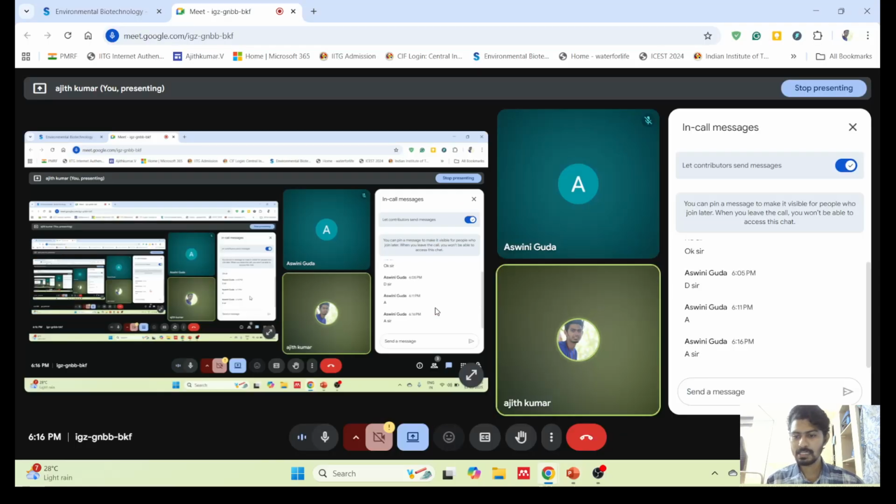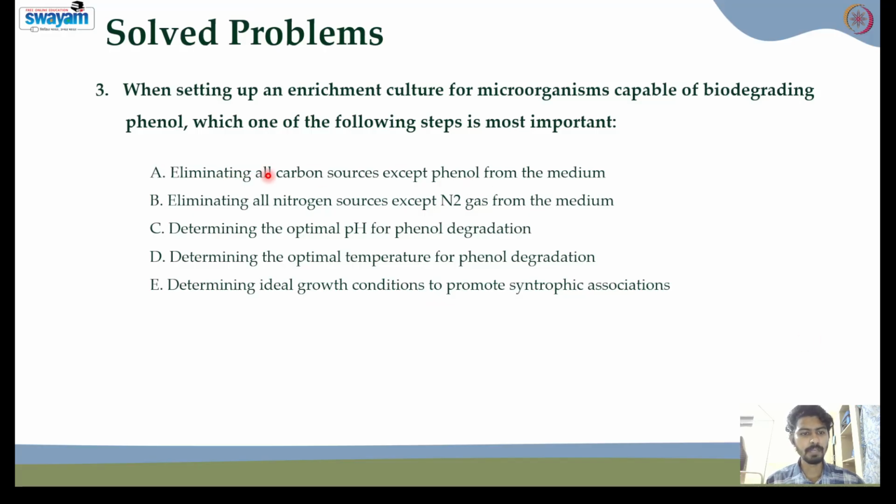So answer is option A. Okay, eliminating all carbon source except phenol.